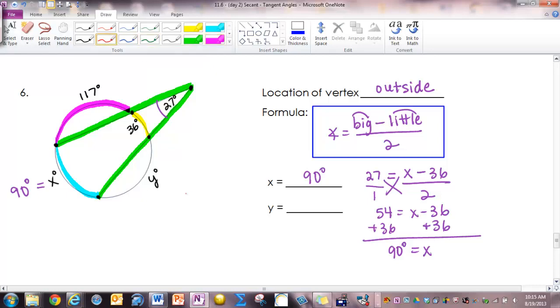So I take 360 minus 90 minus 117 minus 36, and that will give me y, which in this case is 117 degrees.